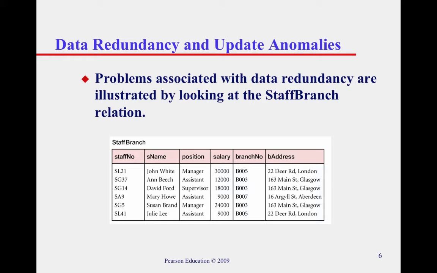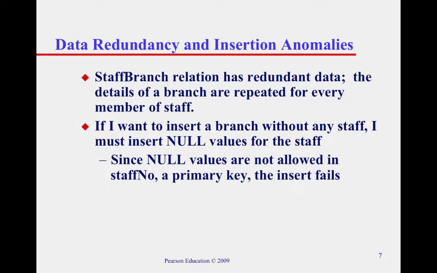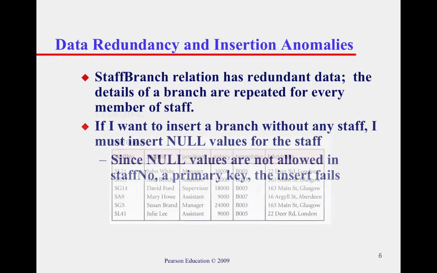So this seems nice. We only need one relation, right? And we've got instantly at our fingertips what the branch address is. It's like having a phone book or a roster. But the problem is it has redundant data.